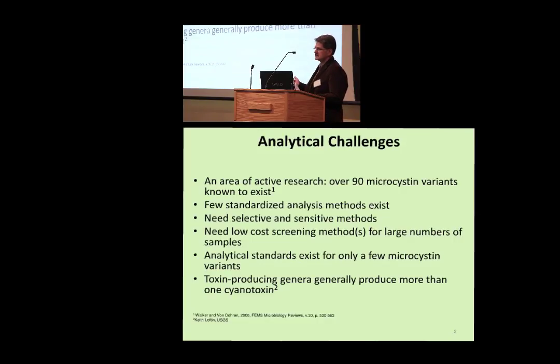These things are very toxic, so we have to be able to analyze them accurately at very low concentrations. Because of the high cost of some of these analyses, we need a low-cost method of screening samples that is still sensitive and accurate.